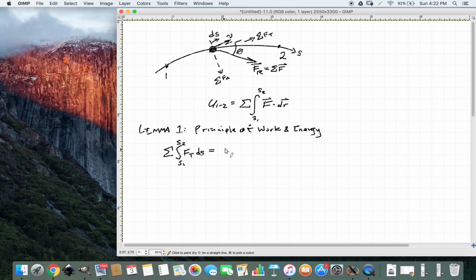So we know by Newton's second law that this is equal to, looking at what is f sub t, plugging in ma for my integrand, leaving the integral alone, as I move from s1 to s2, m a. Now, because these forces are strictly in the tangential direction, it follows that the acceleration will be strictly in the tangential direction, and then ds, as we had on the left-hand side.